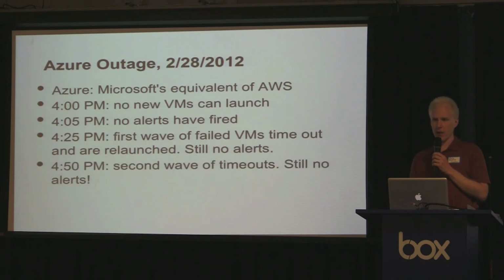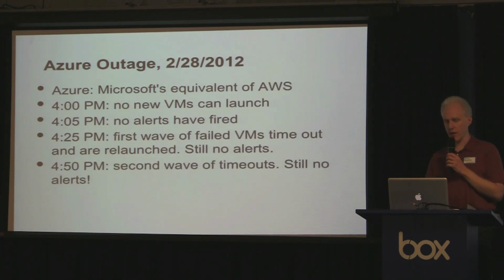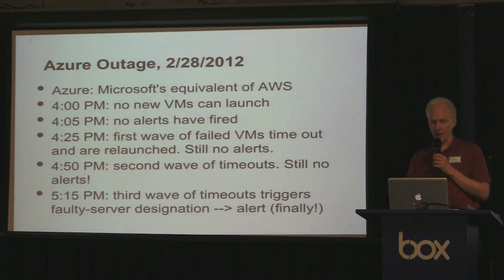At 50 minutes, that second wave of VM launches timed out and was retried, still no alerts firing. Finally, 75 minutes in, the third wave of VM launches timed out, and those three failures in a row triggered some other internal safety check that then started marking servers as bad.